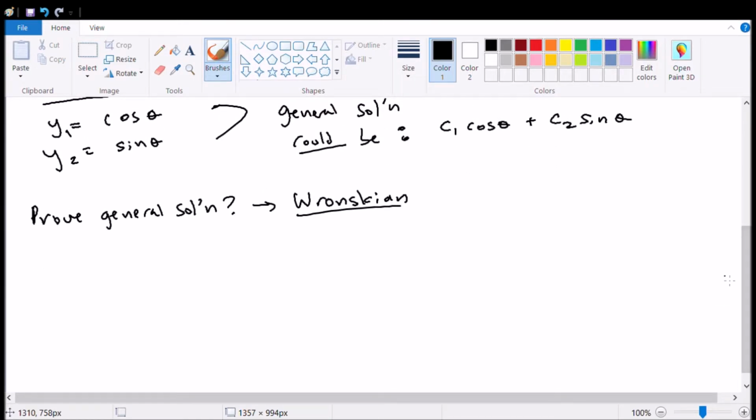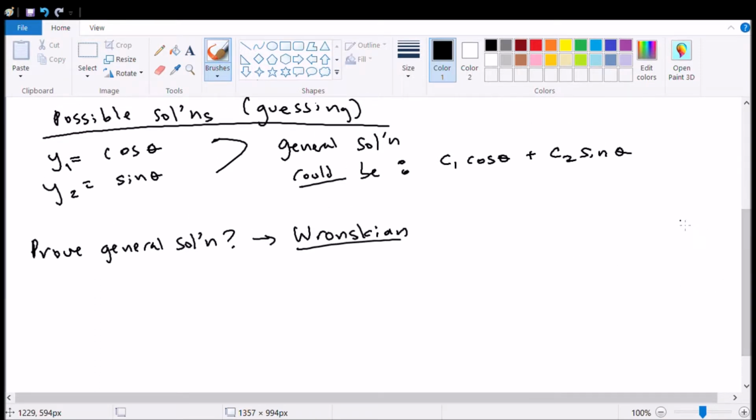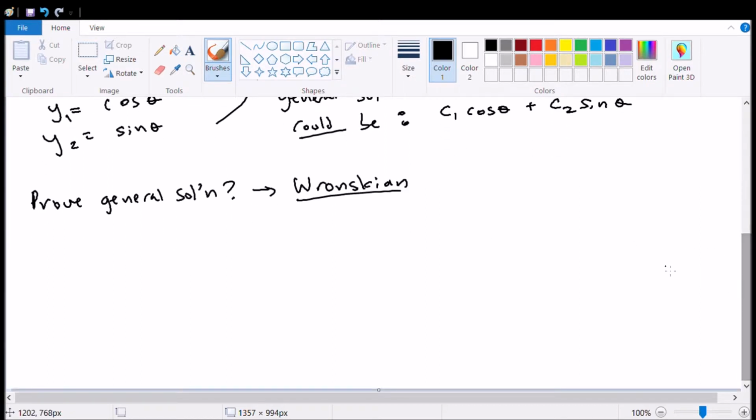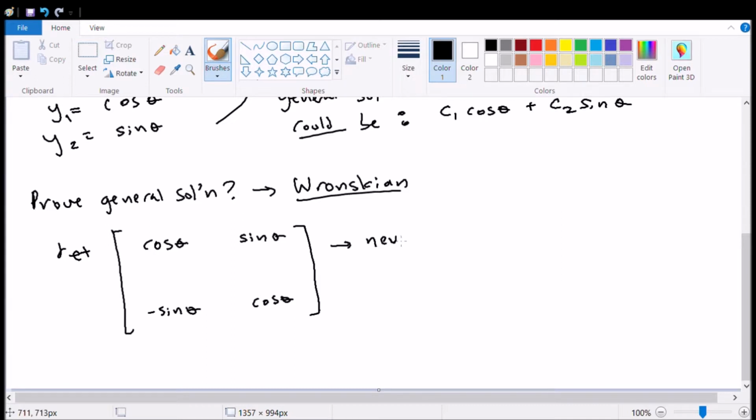So let's take a quick refresher as to what the Wronskian is. Like I said before, it is the determinant of the matrix with y1, y2, y1 prime, y2 prime. The first item would be cosine theta, as that is y1, then sine theta, as that is y2, then y1 prime would be negative sine theta, as that is cosine prime, and then the derivative of sine theta, which is cosine theta, as the bottom right entry.